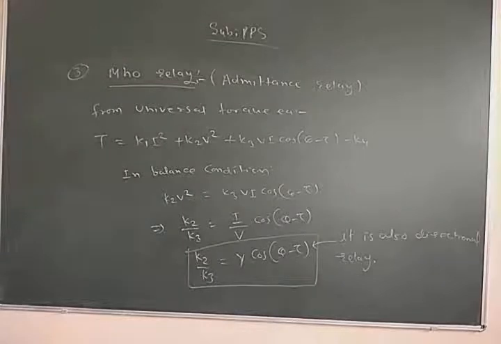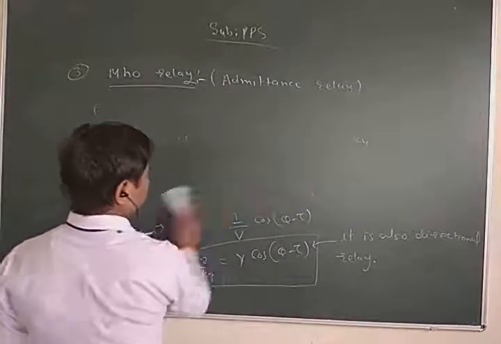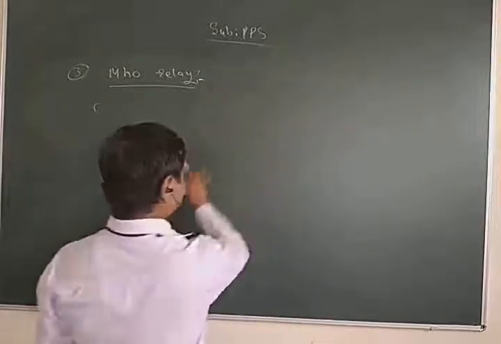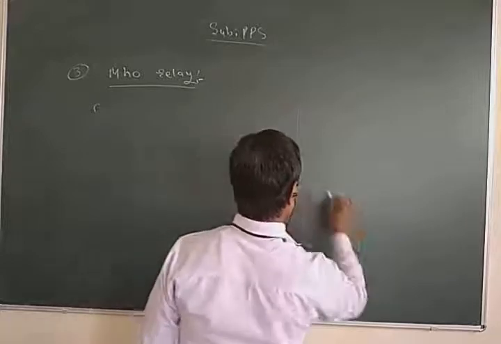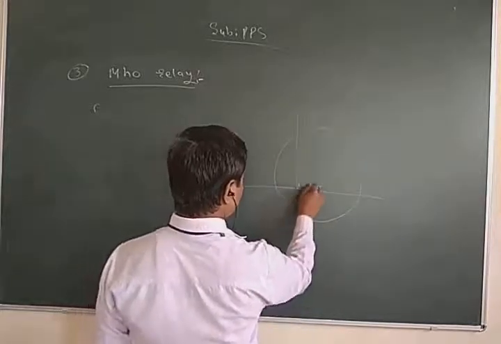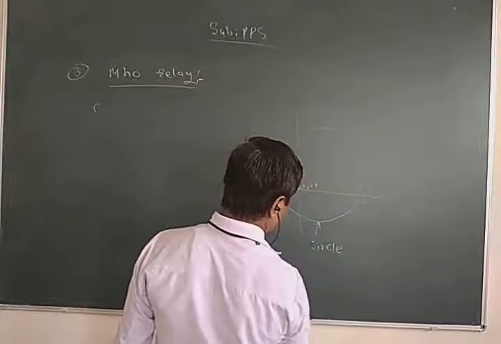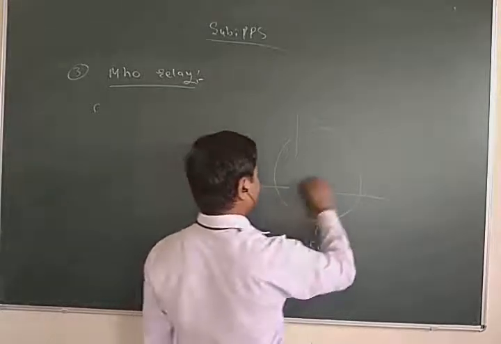next, the characteristic of the admittance relay. So this is the origin. The characteristic is also a circle, but its center is not the origin.